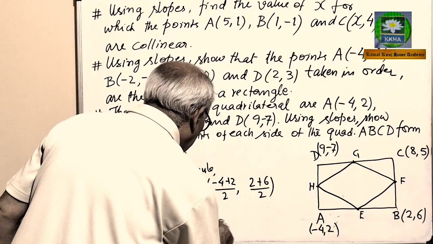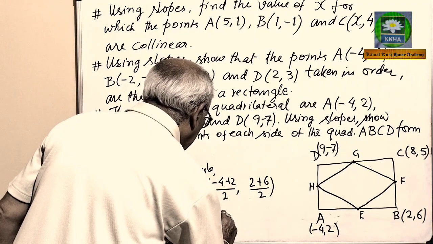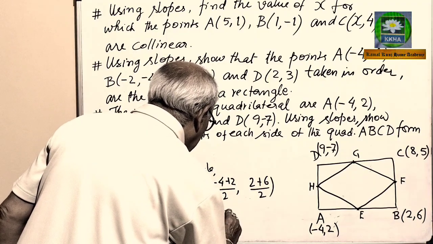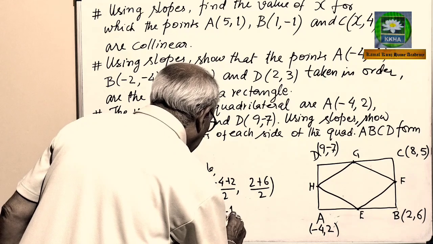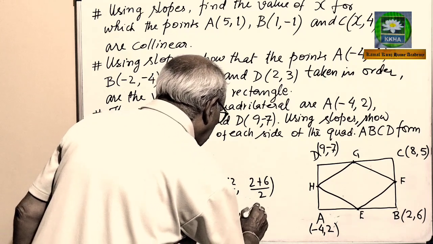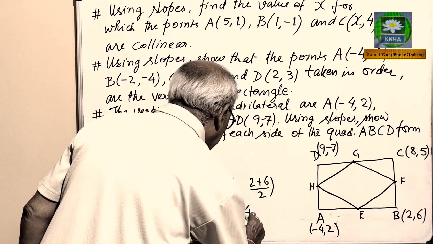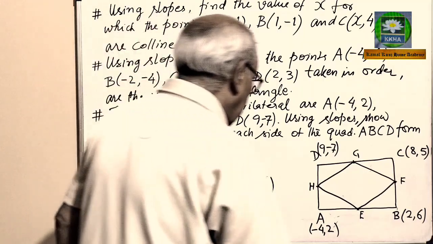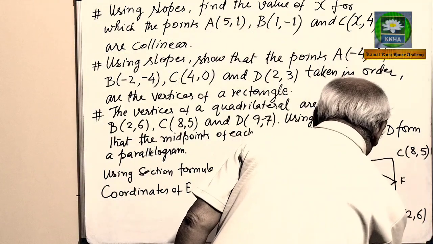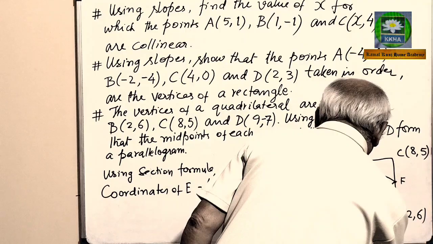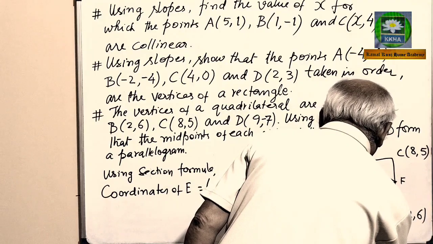This is equal to -1 and 4. So coordinates of E will be -1 and 4.